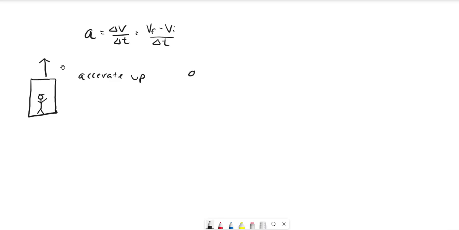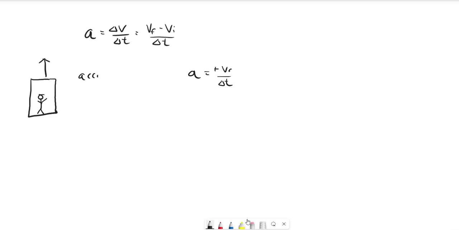So v initial is 0, and our v final, we're still moving upwards, so that's going to be positive. Remember, if velocity is in the opposite direction, it's going to be negative. So we have a positive v final over delta t.